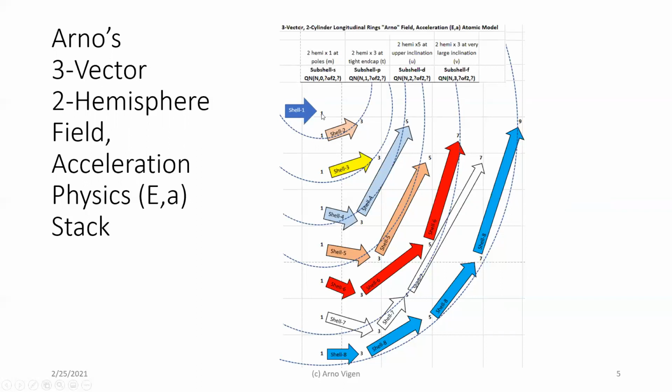Further, the counts go 1, 3, 5, 7, but that is really a ring of 3, a ring of 5, a ring of 7, and down here another ring of 3. Now, these prefer to be on the axis, so the ones on the poles line up, and these become subshell S with 2, 1 electron in 2 hemispheres.